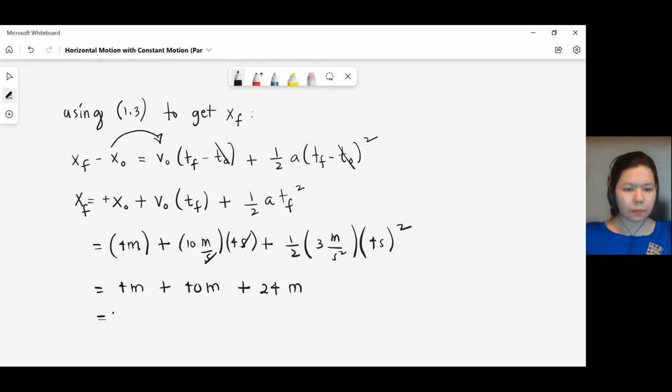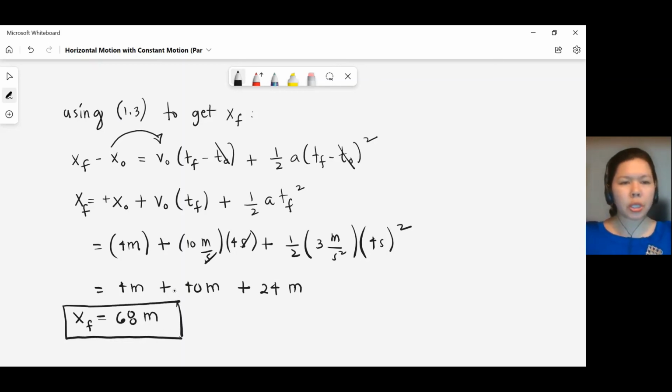And then you add up your X final is the same as the previous 68 meters. Same answer as the time when we have used equation 1.2 to obtain the answer.